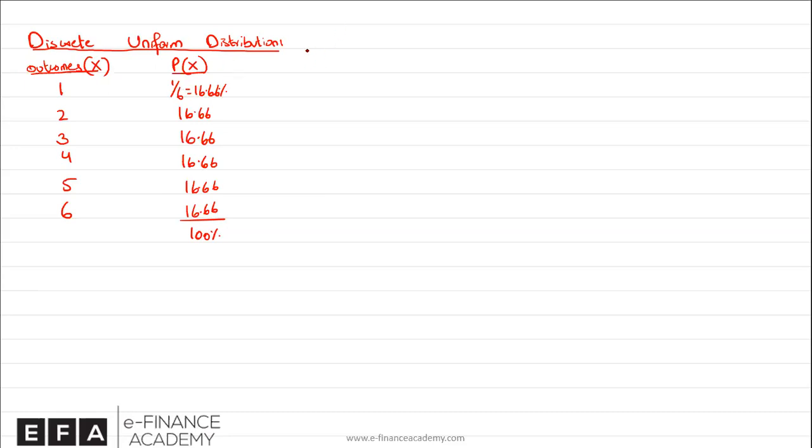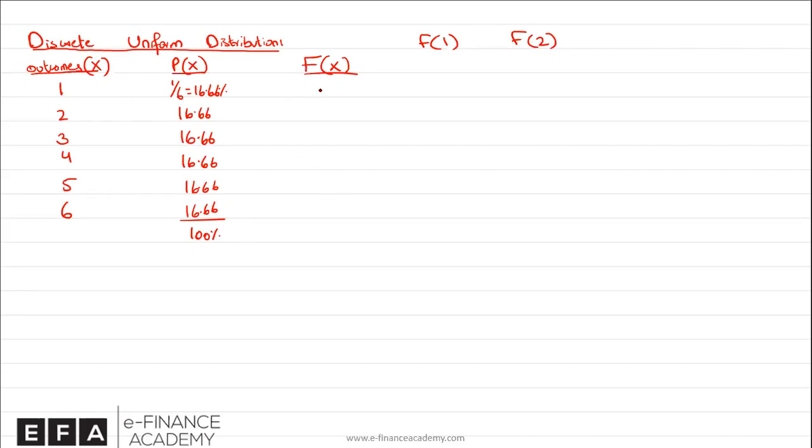We also have the cumulative distribution function. While this is the probability function, we have something called the cumulative distribution function, which is F(X). So what does F(1) mean? F(1) means the probability of getting 1 or lower. What does F(2) mean? The probability of getting 2 or lower. Of course, we're just going to add them up, since 2 or lower means 2 outcomes. 2 outcomes out of 6 will be 2 divided by 6.